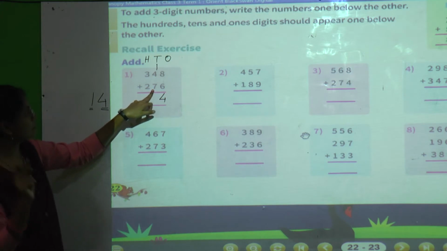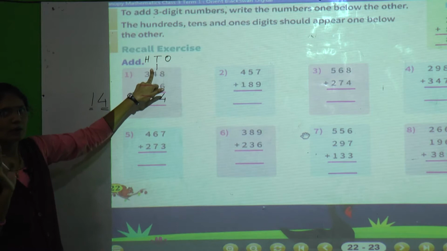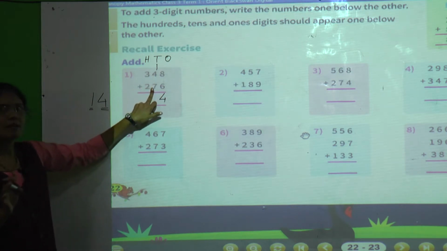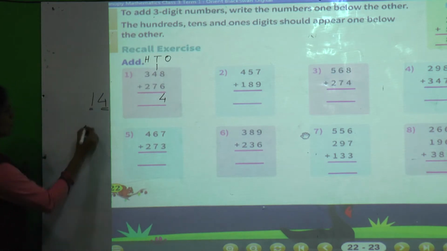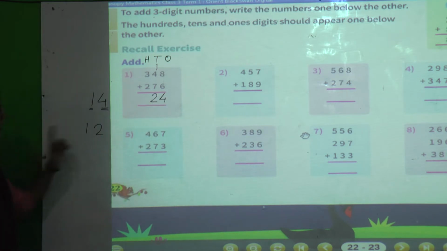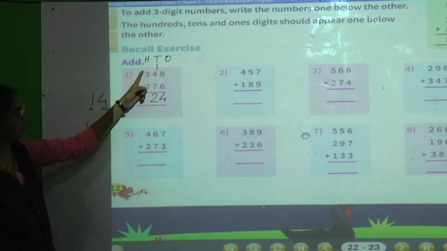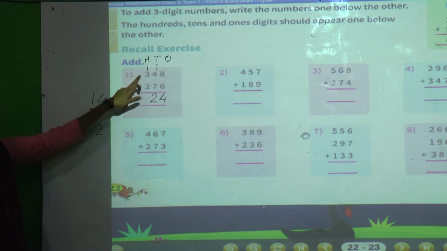But see students, remember that there is a carry, one carry is there, that also we have to add. 4 plus 7, 11, plus 1, 12. So if 12 is there, which number should we write here? 2, exactly. And which number should we give as a carry? 1. The number 1 will come here at the hundreds place as a carry.